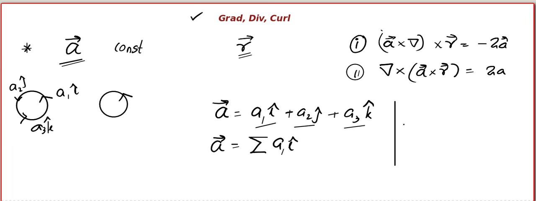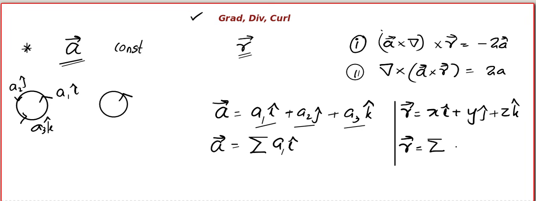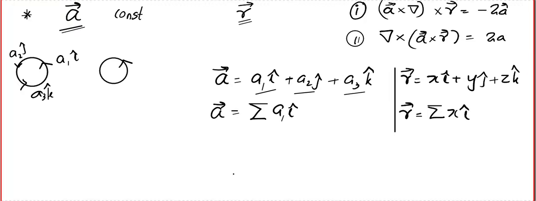And the vector R is x i plus y j plus z k. So in sigma notation, this becomes sigma x i. Now I wanted to show one more thing. We will learn the remaining part of sigma when we do problems.